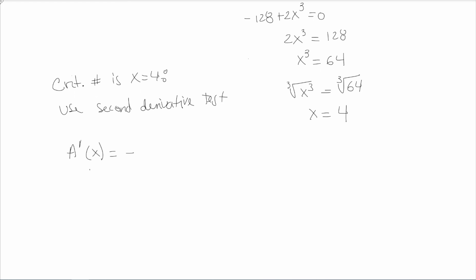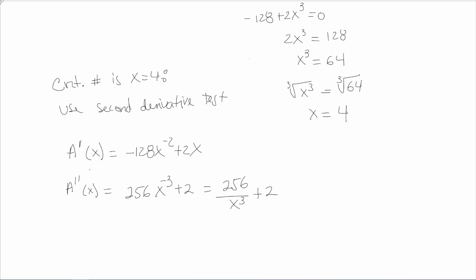This was the first derivative, so if I take the second derivative, I'm going to get positive 256, since negative 2 times a negative 128 is positive 256, x to the minus 3 plus 2, which is 256 over x cubed plus 2.